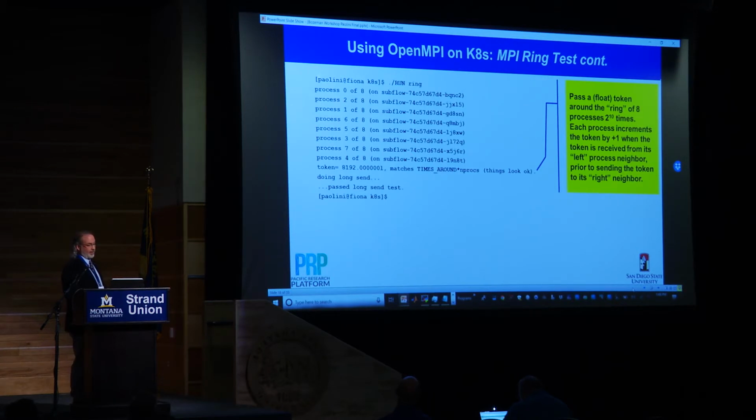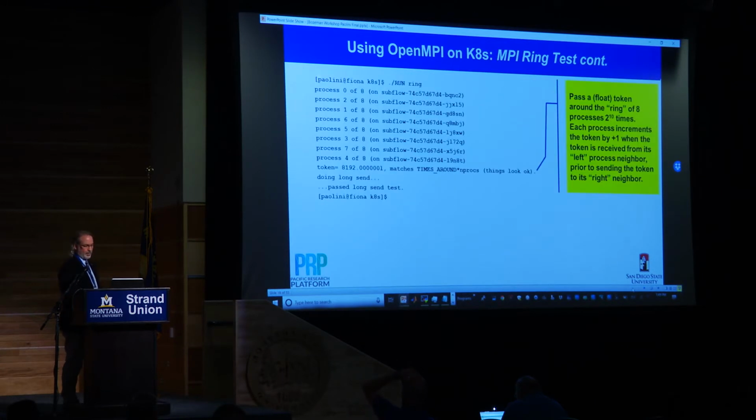Then it will output the product of the number of times around times the number of processes in your cluster. So you get 8192 here, that's correct. Performing the ring test just verifies that your MPI configuration is working and all pods can communicate with one another.